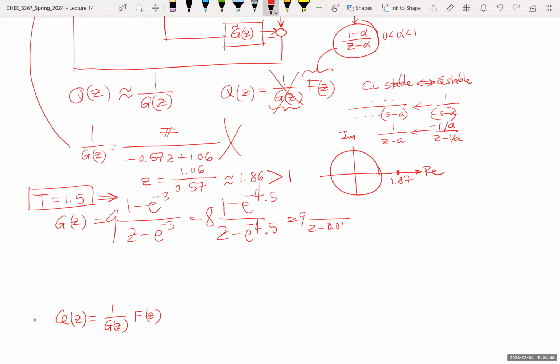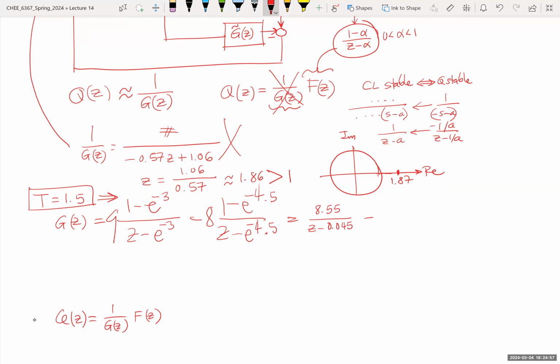Zero point 0498, let's say 45. And this is then 0.955, the numerator, times 9, right? So what is it again? 8.55.